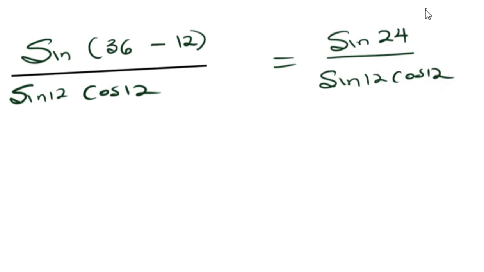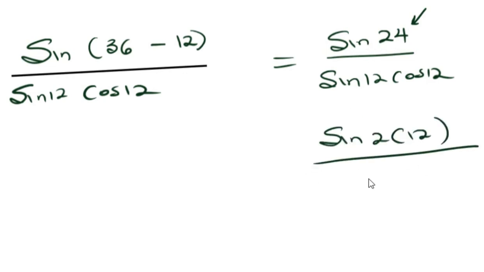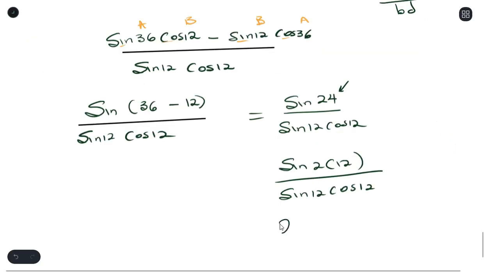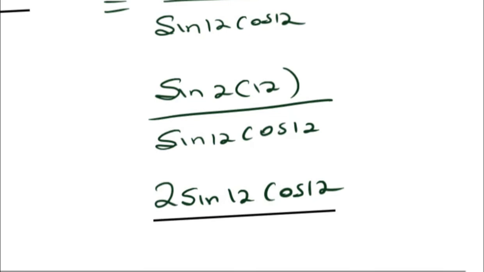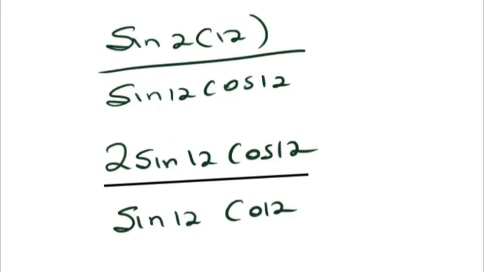Now, looking at 24, I see that 24 is double 12. So it reminds me that I could use double identities to simplify this a little bit, which is this. Sine 2 times 12 would be 2 sine 12 cos 12, and as you can see, we can also cross cancel again. Sine 12 cancels sine 12 out.